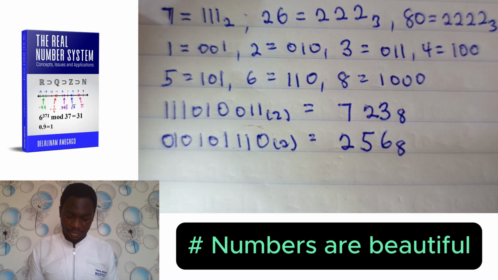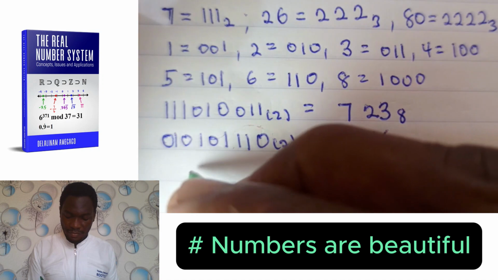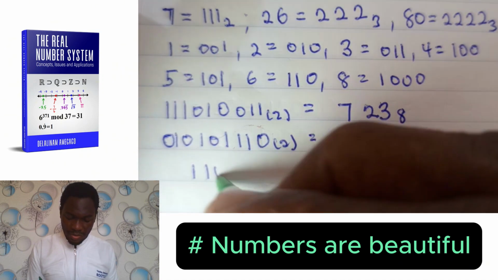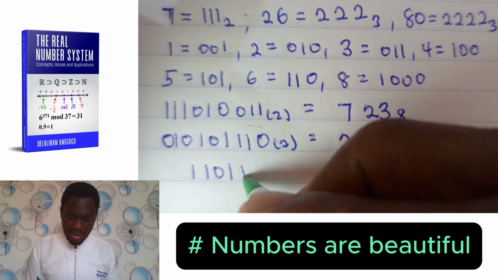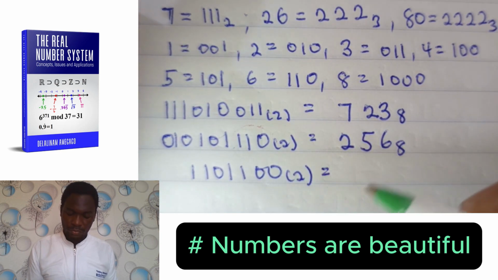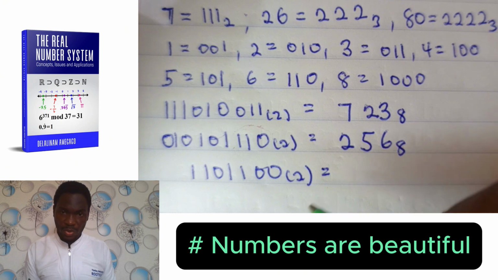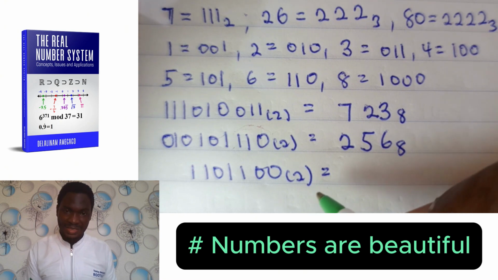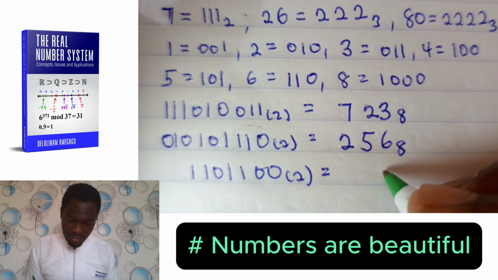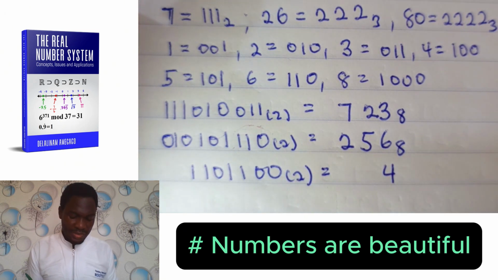Another example. Let's have 1, 1, 0, 1, 1, 0, 0, base 2. And again, we want to write this number in base 8. So we have our first 3, 1, 0, 0, that's 4. So the more we practice, the more familiar we become with these things.